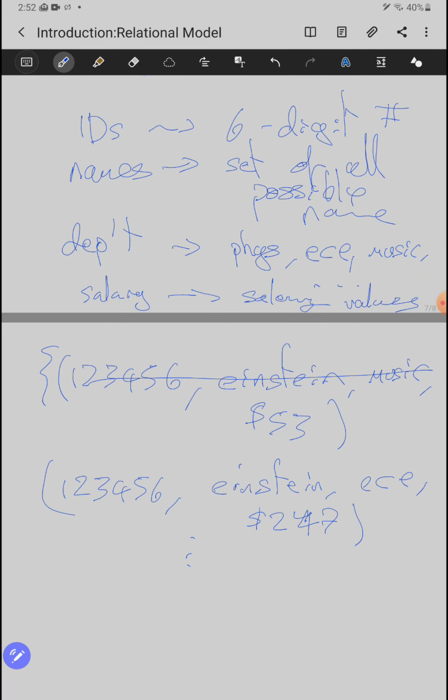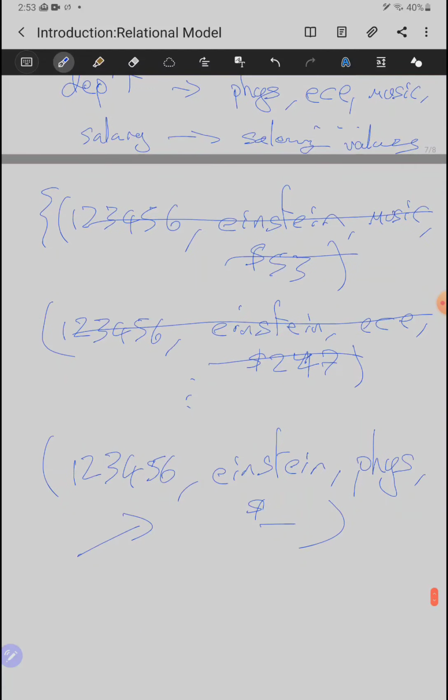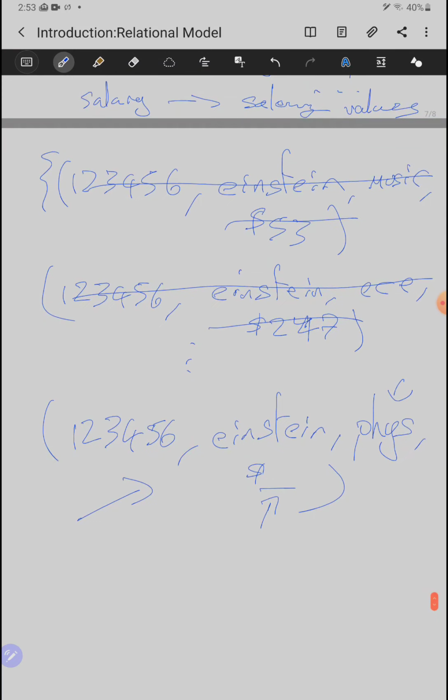So Einstein isn't in music and Einstein isn't in ECE. It turns out that Einstein is in physics. So the actual tuple in the relation for Einstein would be whatever his ID is, in the physics department, with whatever his salary is.